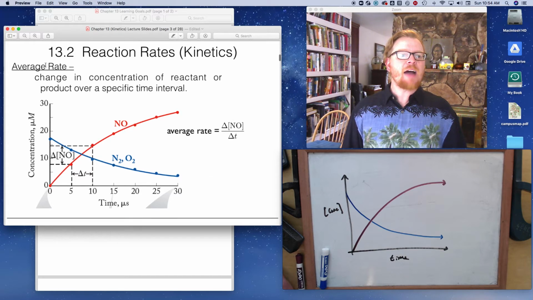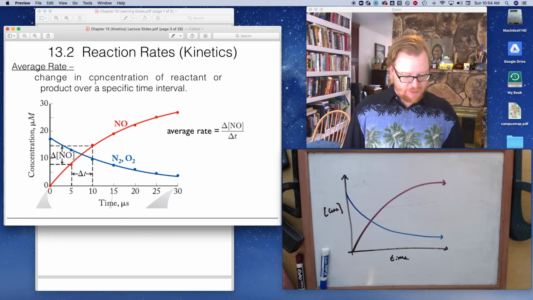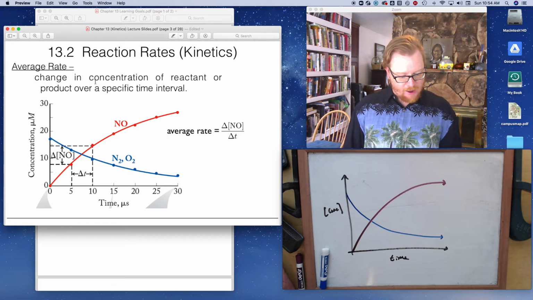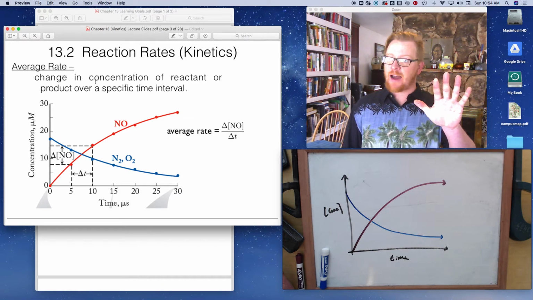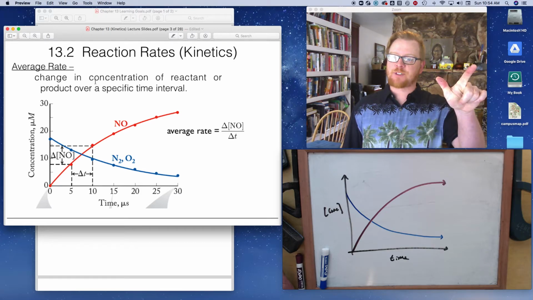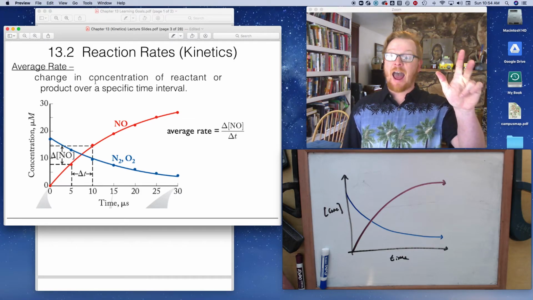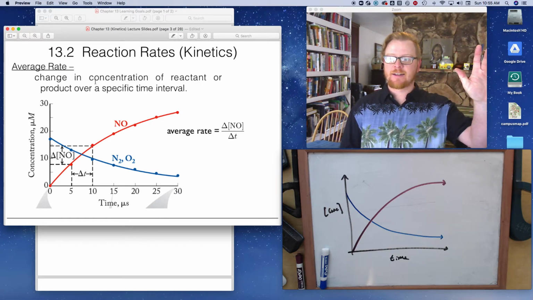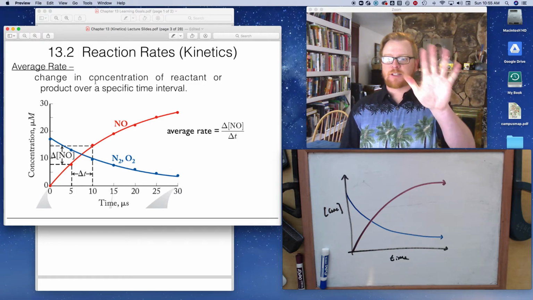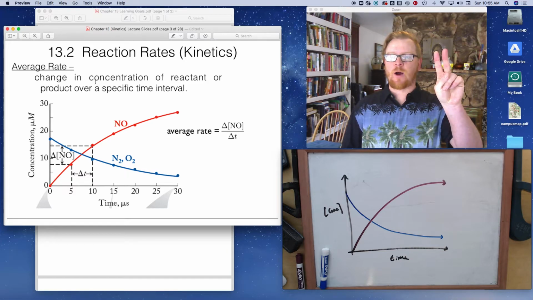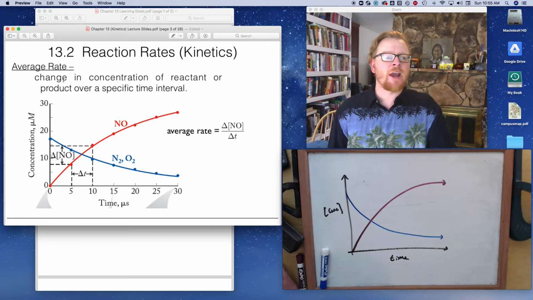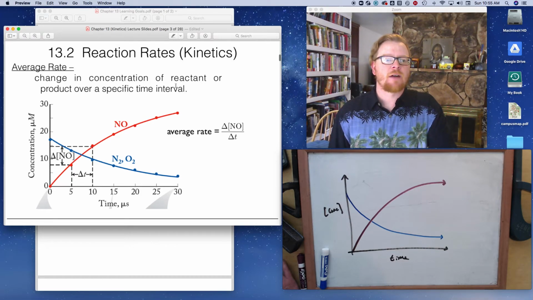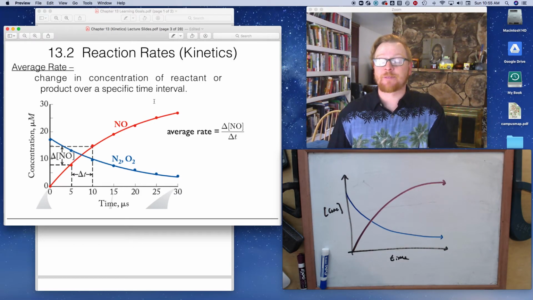So our average rate, this is one of the types of rates that we're going to discuss. And there's going to be, I think, 5 in total: relative, absolute, which we've already talked about, average, instantaneous, and then initial. So that's 5. So we've done 2 so far, relative and absolute. Now let's talk about average rate. So average rate is the change in concentration of a reactant or product over a specific time interval.